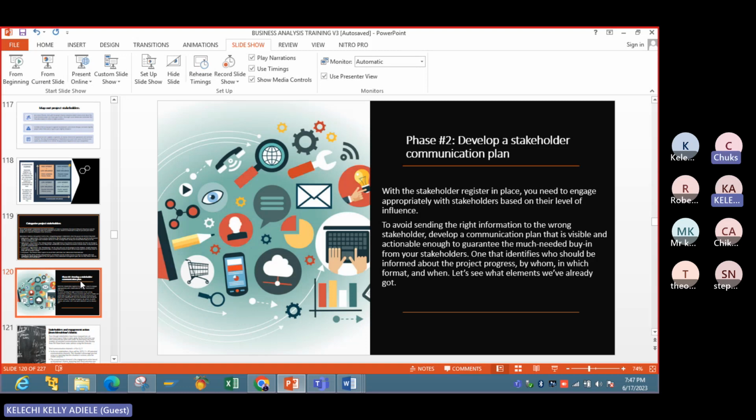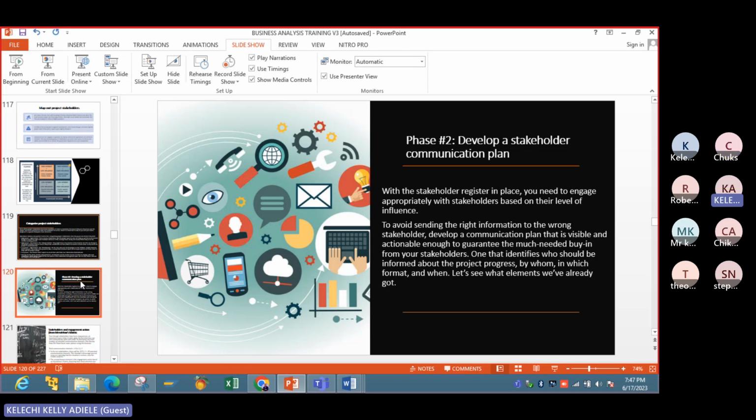If you don't map these very well and determine their communication plan, you're going to really mess things up, because it's when they are so many that you appreciate the need for a stakeholder register and a communication plan.